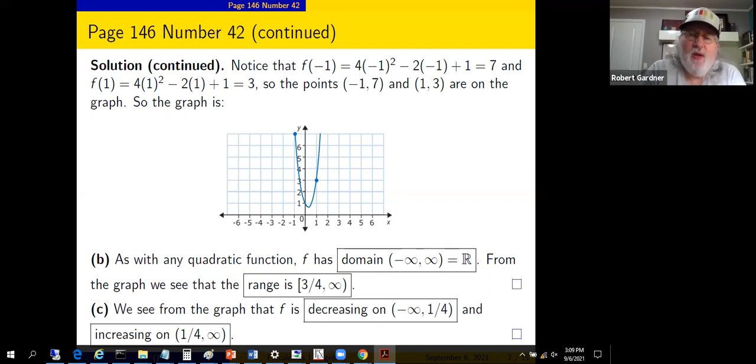You want to include that 1/4 in terms of increasing and decreasing. Personally, I say you go right ahead. The book set it up where they only defined increasing and decreasing on open intervals. So that's why the book will express the answer like this. You'll deal with it somewhat differently in Calculus 1.